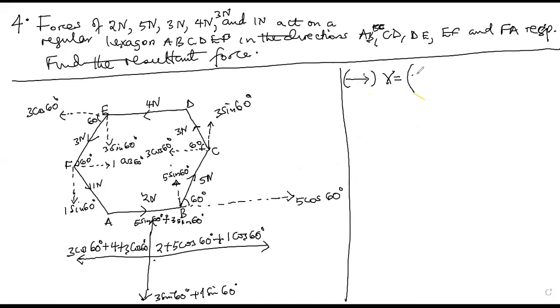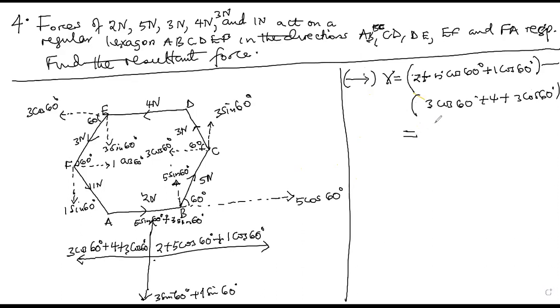So we shall have 2 plus 5 cos 60 plus 1 cos 60, minus the ones of negative: 3 cos 60 plus 4 plus 3 cos 60. This is the same as subtracting each force independently, because the negative affects all these, meaning that all these forces are negative. When you work on this, it is going to give you negative 2.